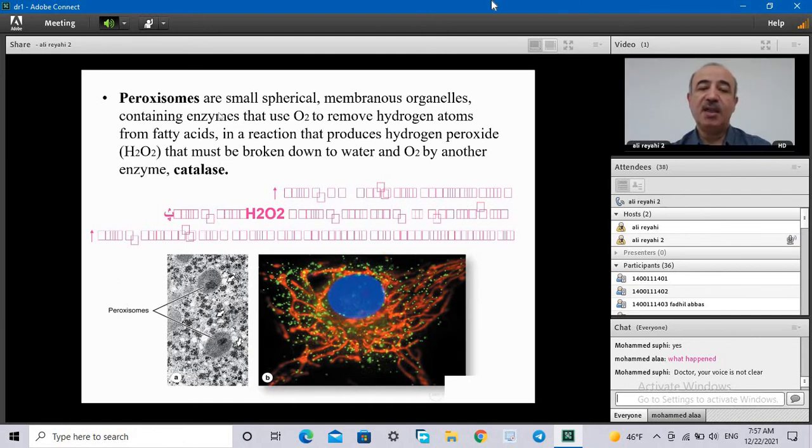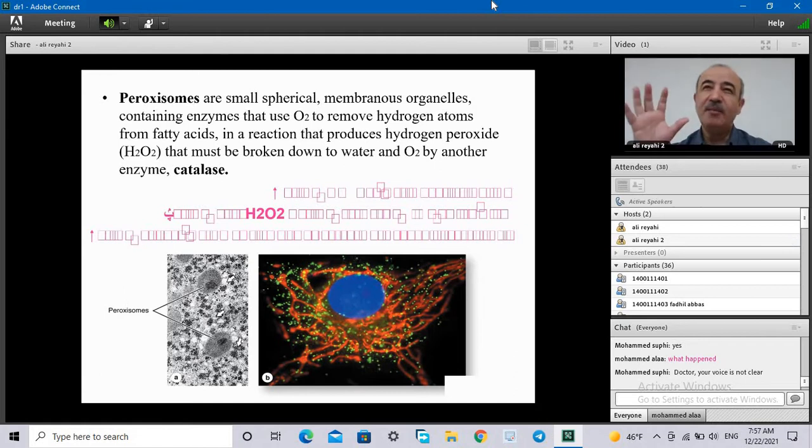So the peroxisome or microbody contains enzymes that use oxygen, like the mitochondria. If you remember, within the cytoplasm, the other organelle that uses oxygen is the mitochondria.